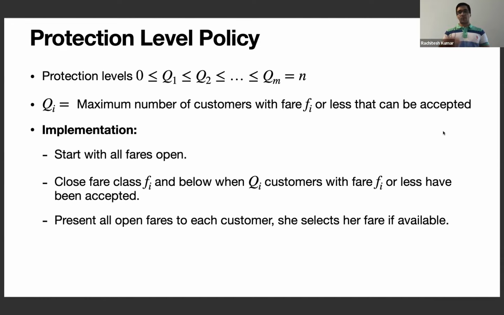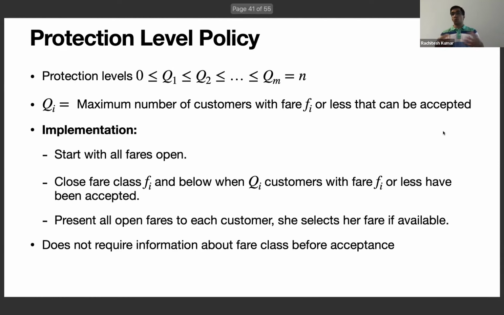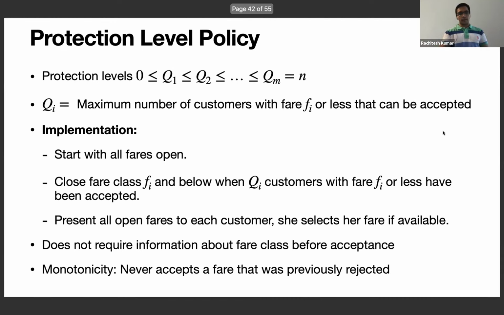And anytime during this process, if you hit a protection level Q_i, you close all fares f_i and below. So this will run exactly like the previously described protection level policy. The advantage here is that you don't need to know what the fare class of the current customer is. And also it satisfies monotonicity. You will never accept a customer having rejected a customer of the same fare class before, which can lead to game theoretic issues in practice where customers might try to game your algorithm.